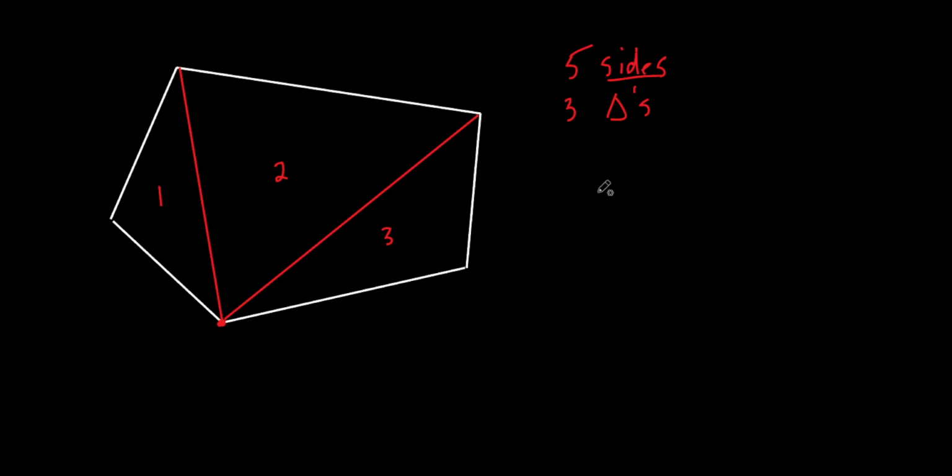So now, how do I find the angle sum? I take 3 times what? 180, right? Because this triangle has 180, that triangle's got 180, that triangle's got 180, correct? So 3 of them is 3 times 180, and I think that's 540. Okay? What does that mean, 540? Does that mean each angle is 540?